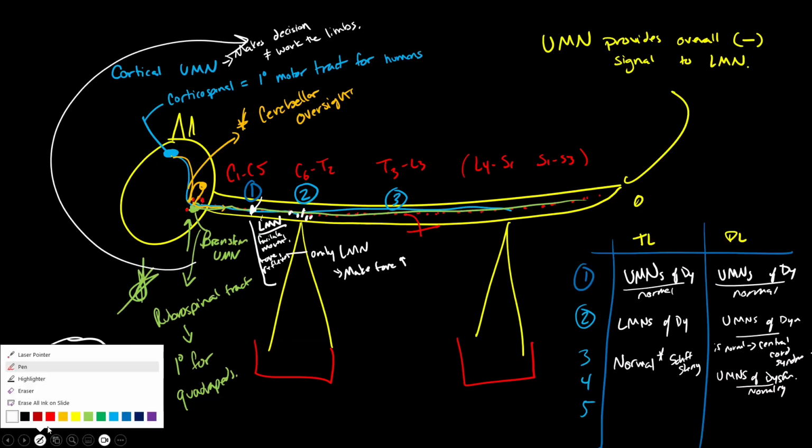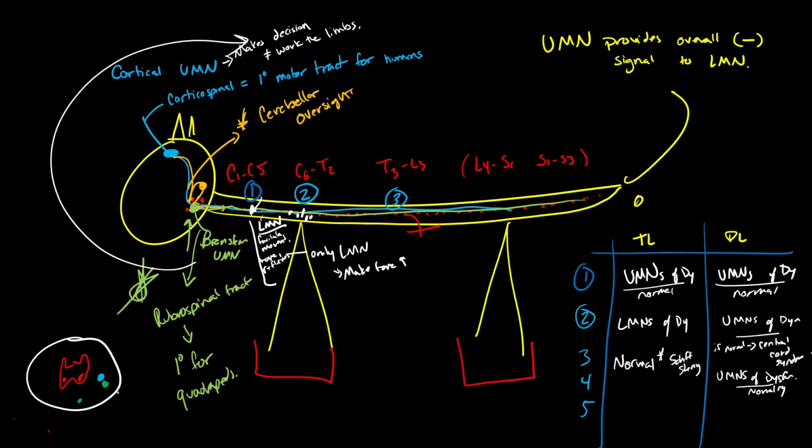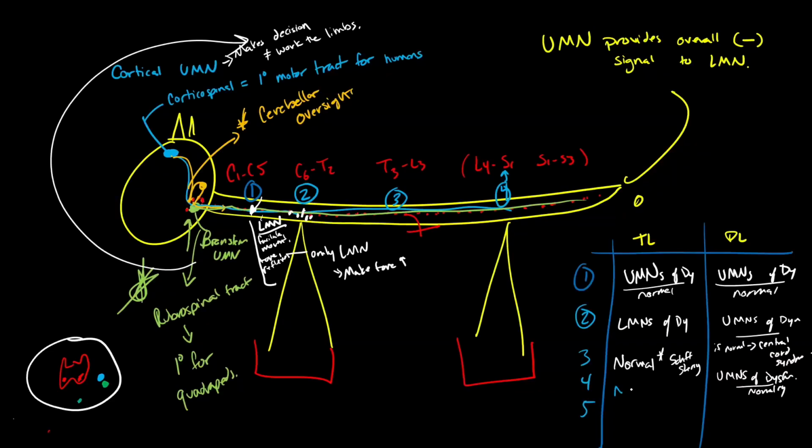Then when we get to L4, I'm going to be specific here. I'm going to say that lesion is going to be our L4-S1. What we'll see here again is still going to be our normal thoracic limbs.